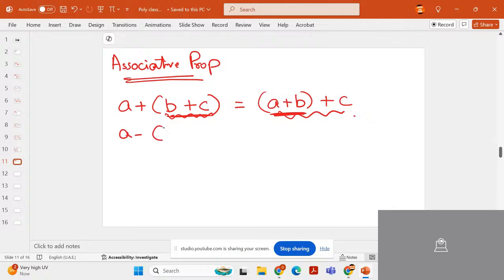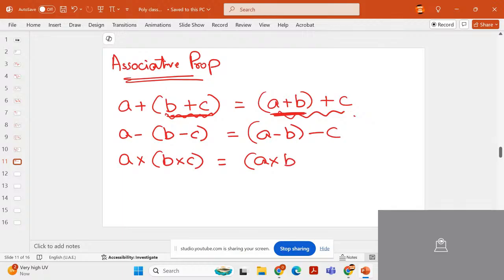And it is the same case for subtraction also. And it should be the same case for multiplication. That means if you multiply three different rational numbers by making different groups, you should get the same answer.